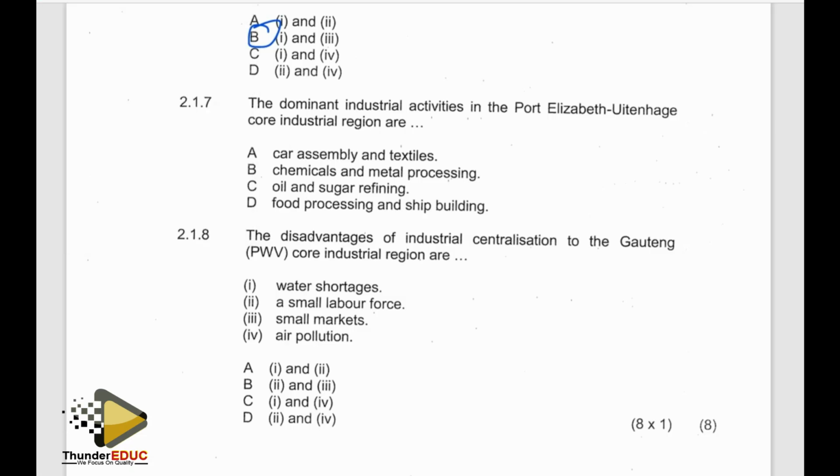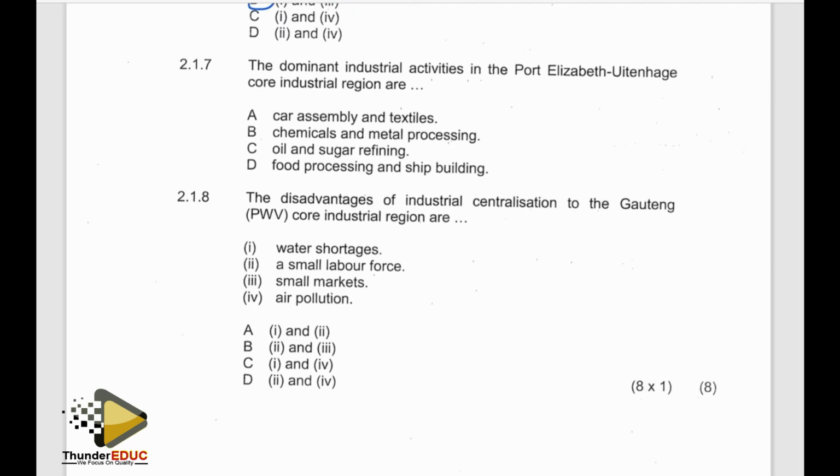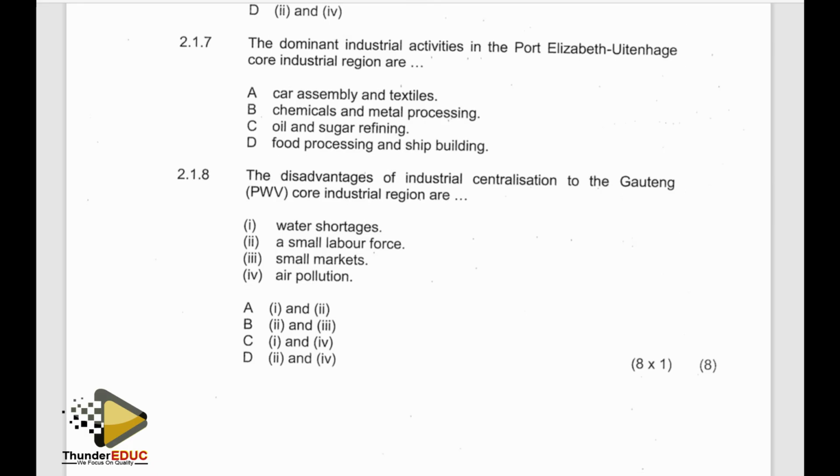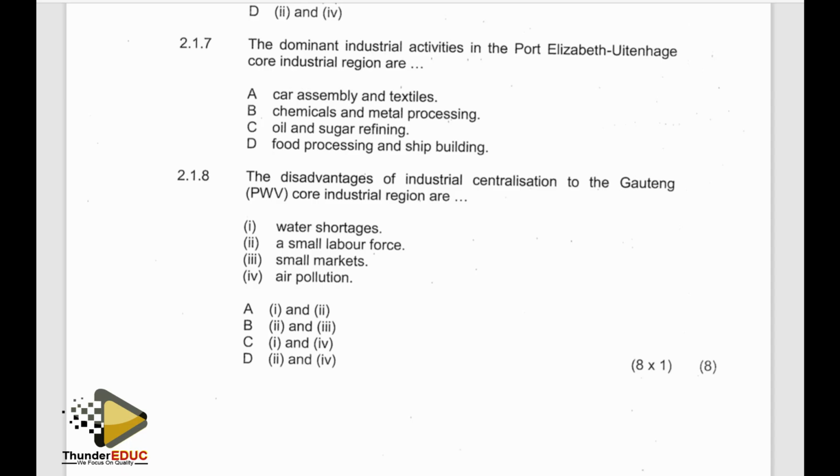That is the response to that question, which comes as response item B for that question. Right, we can move on to the next question.